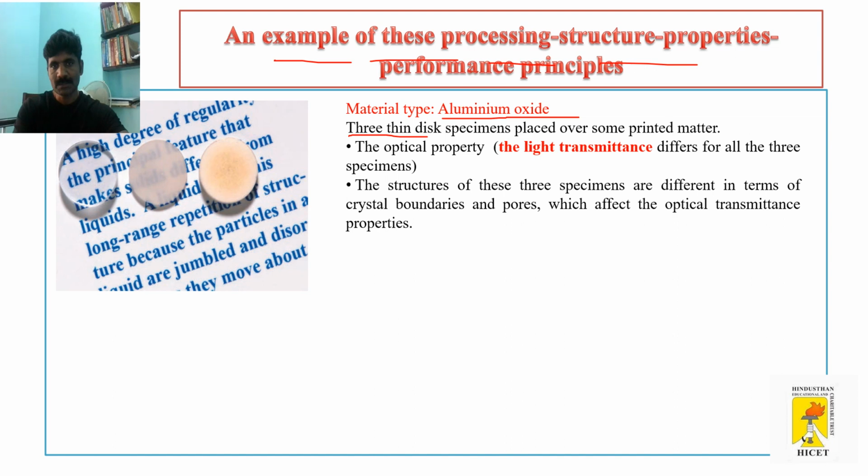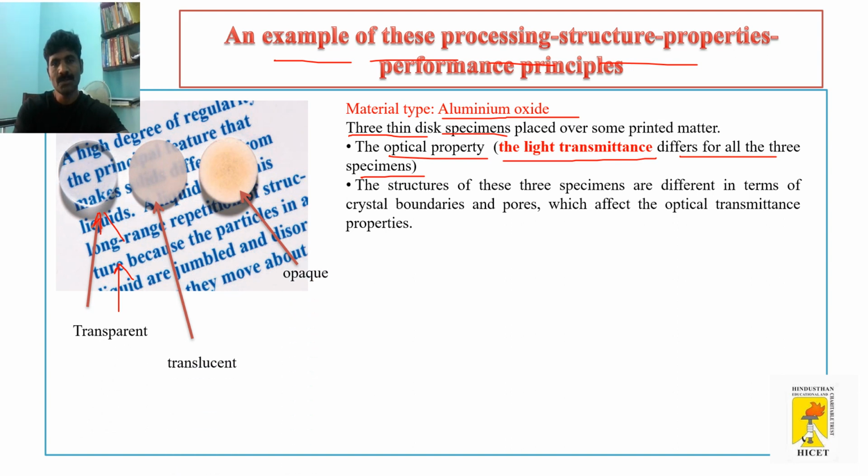Three thin disc specimens are made and placed over a printed material, and you can see the picture here. The main property is optical, that is, light transmittance. This light transmittance differs for all three specimens. The first disc is completely transparent, the second disc is translucent, and the third disc is opaque.